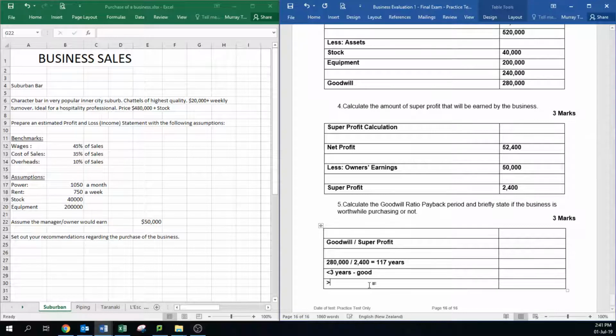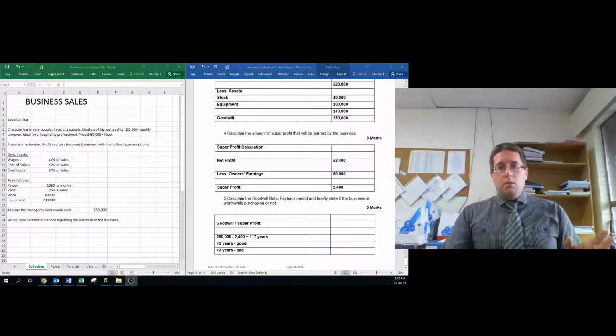Now, if it's greater than 3 years payback period, then you can forget it. It's not a good business to buy. So that's the walkthrough of buying a business. So when you get to the end of it, you'll come out and you'll have a number, and that's the payback period, and you can evaluate just based on that number.